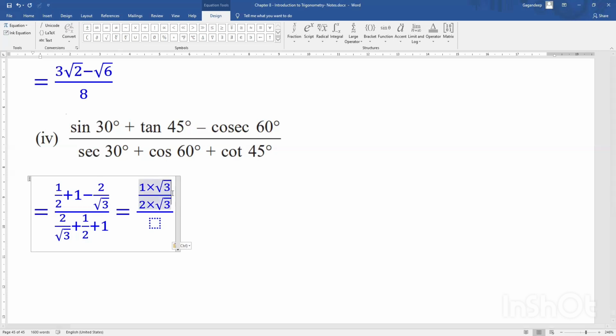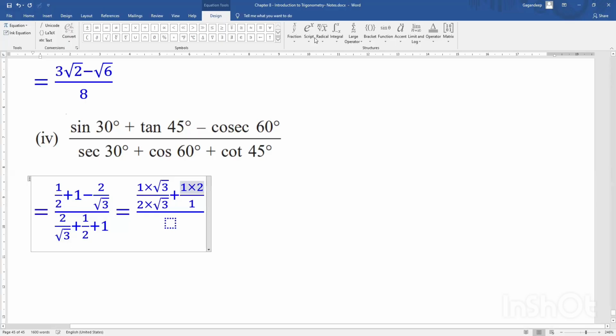Then for plus 1, I can write 1 as 1 by 1. Now I need to get numerator and denominator with 2 root 3, so I multiply with 2 root 3 in the numerator, and the denominator also I multiply with 2 root 3.